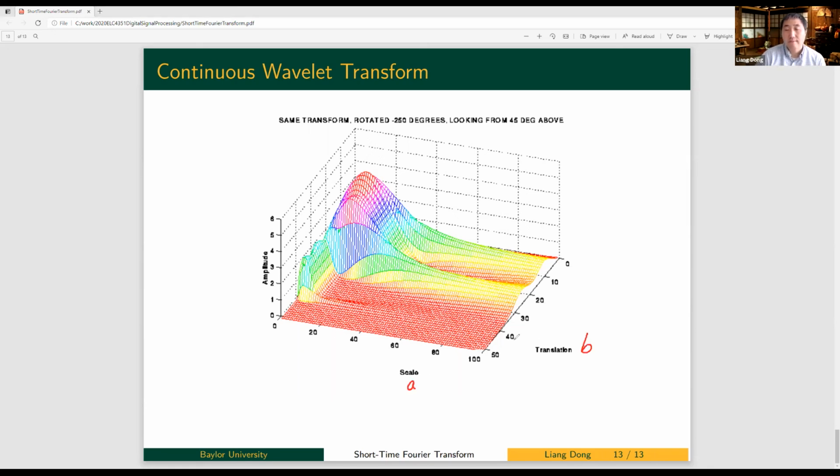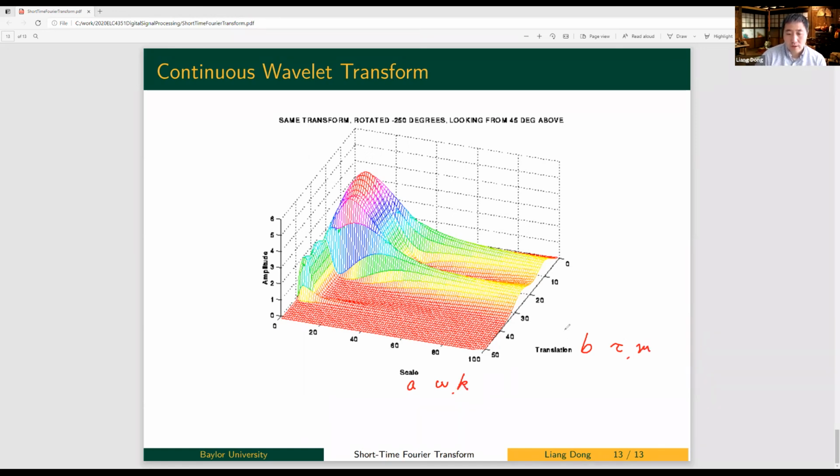Now in short-term Fourier transform, this corresponds to tau, right? This corresponds to frequency omega. If you're using a discrete short-term Fourier transform, this corresponds to the time shift m, and this corresponds to the frequency index k. Those are similar.